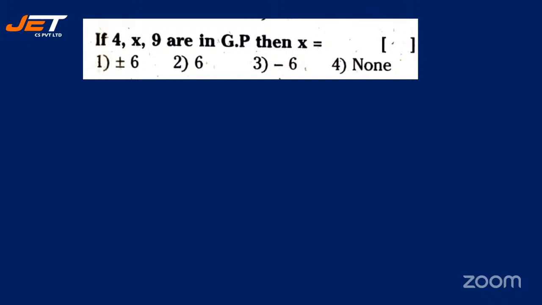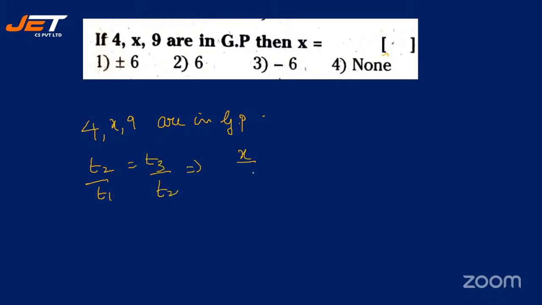See the next question. 4, x, 9 are in GP. So then what is it? So we know that for a GP, T2 by T1 is equal to T3 by T2. So x by 4 is equal to 9 by x.